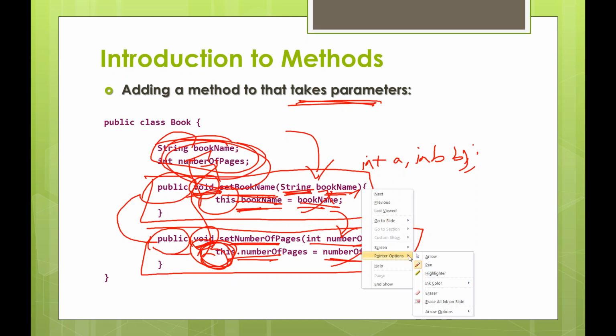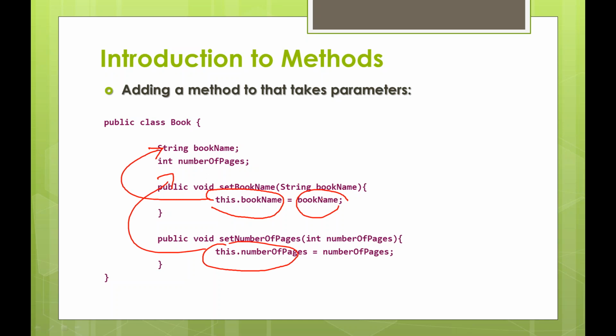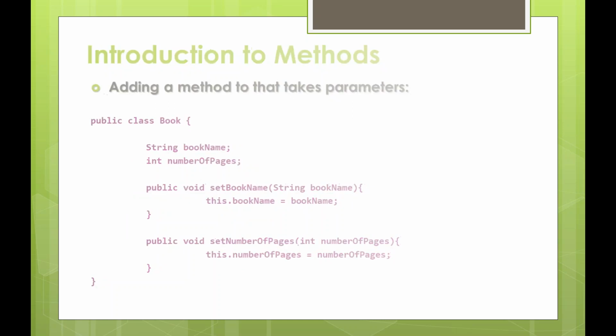Let me do it again. This whole thing refers to the instance variable. This refers to this instance variable, but without this, it refers to this local variable. Let us move on to the next slide.